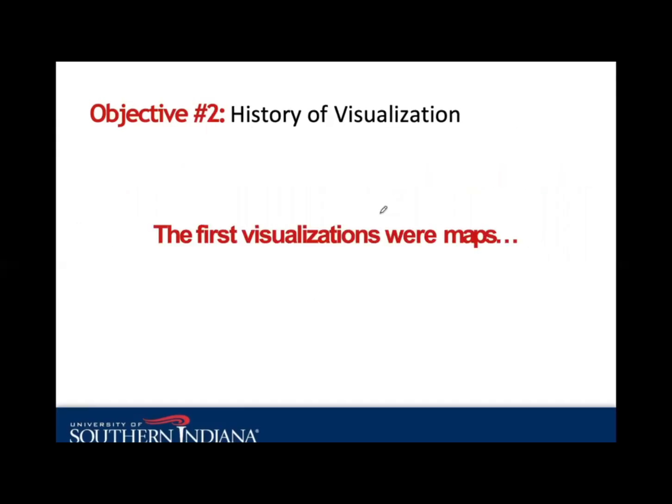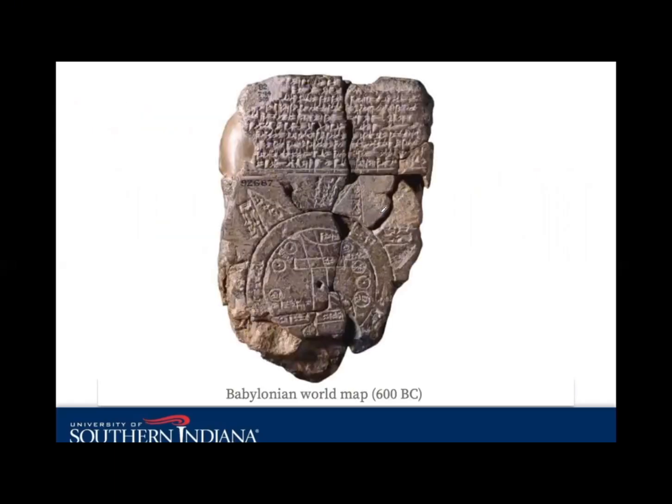Okay, so next, the history of visualization. Let's see, the first visualizations were maps. So here we have an example, a Babylonian map from 600 BC. People just scratched on rocks, and this rock functioned as both a hunting guide and directions to the spirit world.